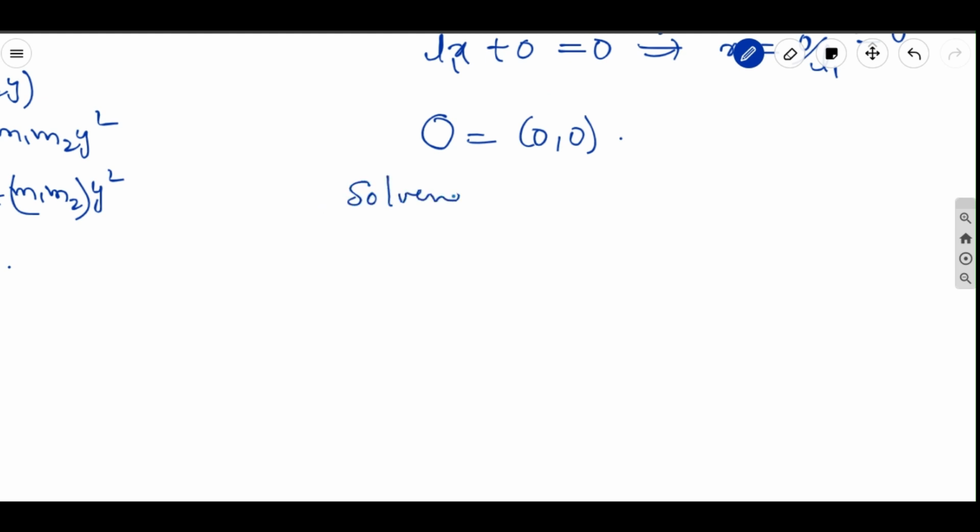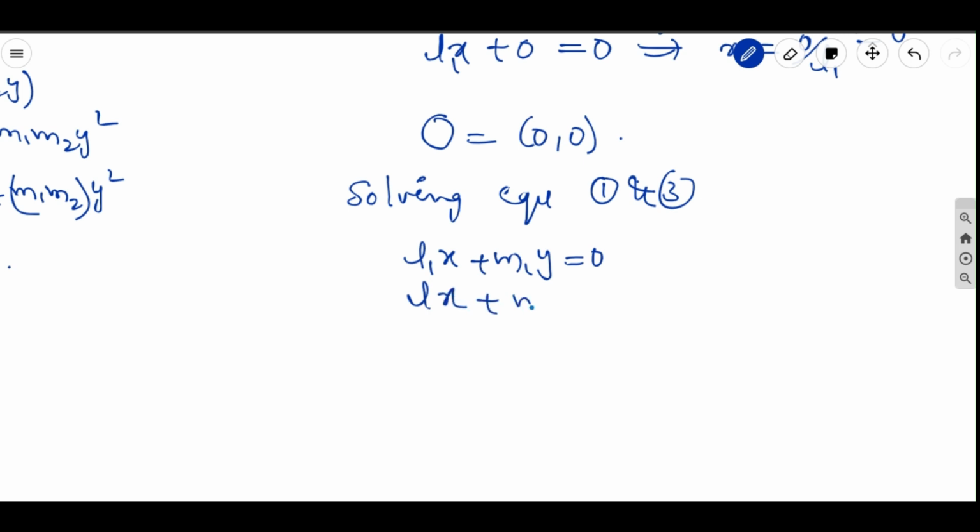Solving equations 1 and 3. The first equation is L1x + M1y = 0. The third equation is lx + my + n = 0.